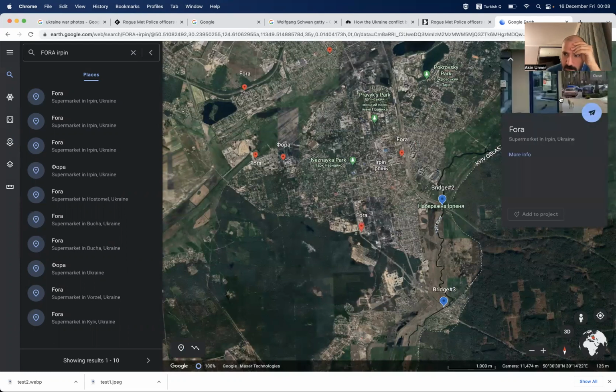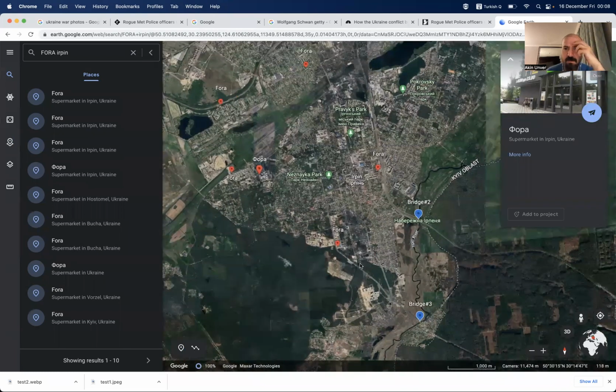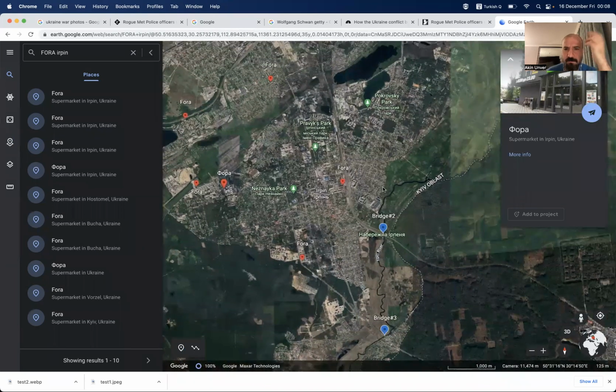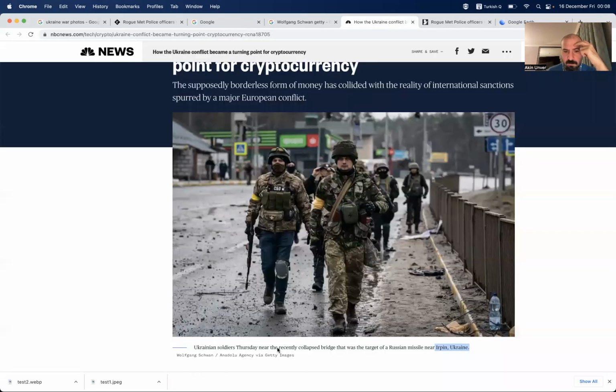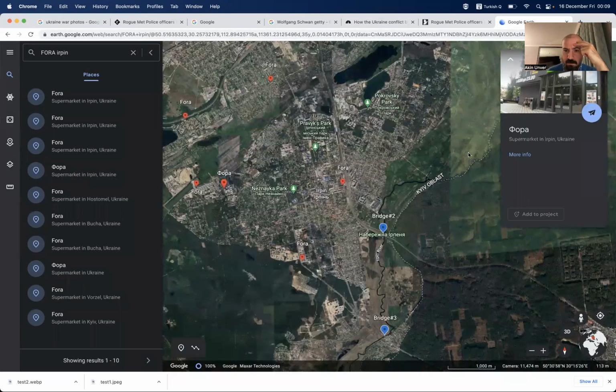What's this? It's a Fora, but it's not my Fora. This is a Fora, but they're very far away from the bridge. So if this is true, if near a recently collapsed bridge that was the target of a Russian missile, it could be this and this.